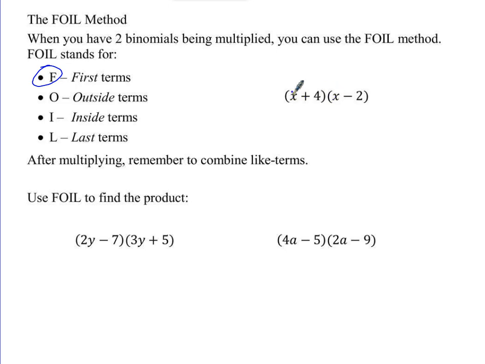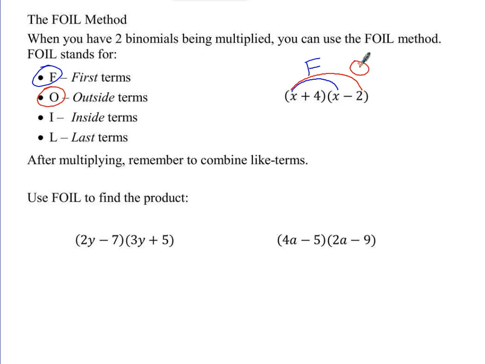These two guys right here are the first terms. That's your F. The outside terms for O means the two terms that you see on the outer edges of the problem. So those two guys right there, that is the O.